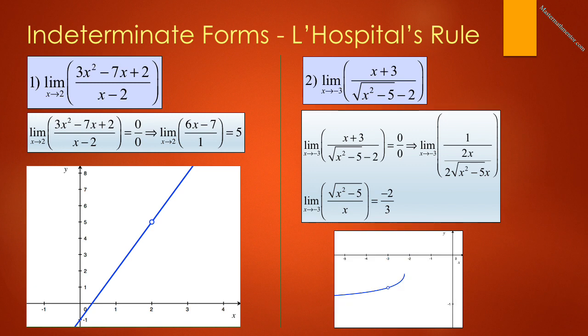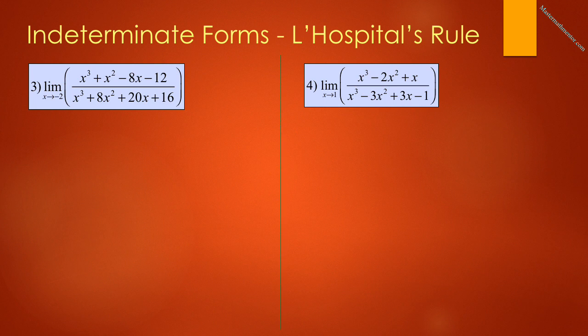Again, graphic confirmation. This function is defined when x is greater than the square root of 5 or x is less than negative square root of 5, and we only show the section that includes x equal to negative 3. There is a hole on the graph at the point negative 3, negative 2/3.